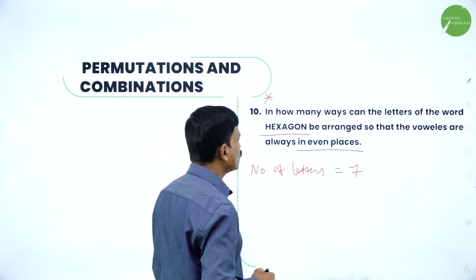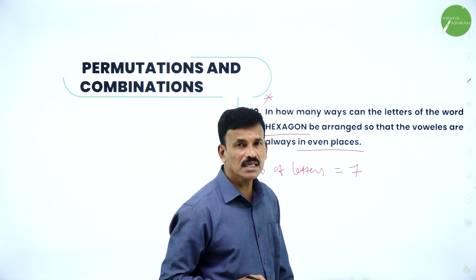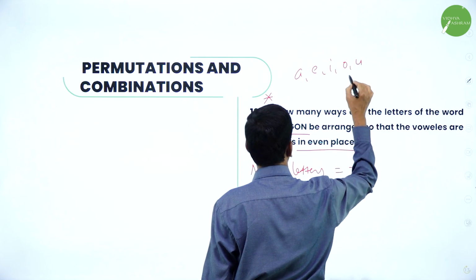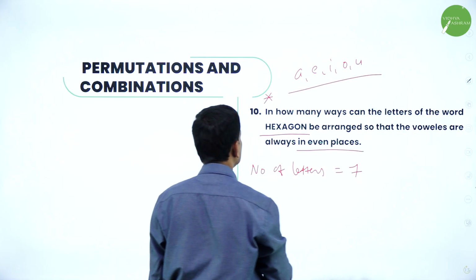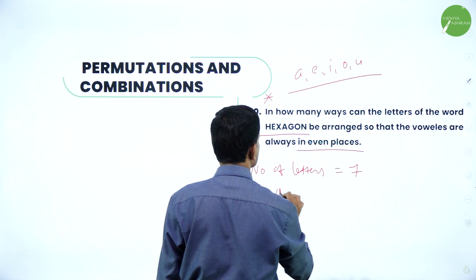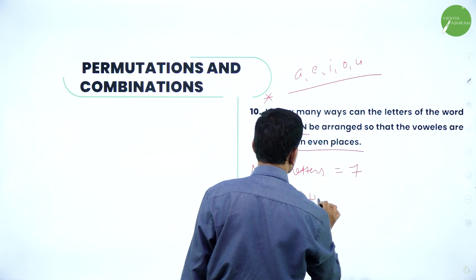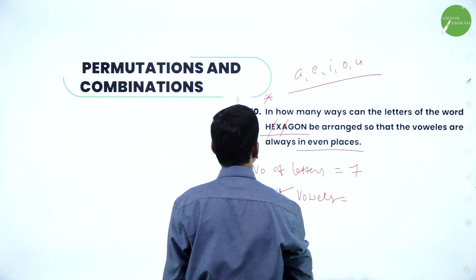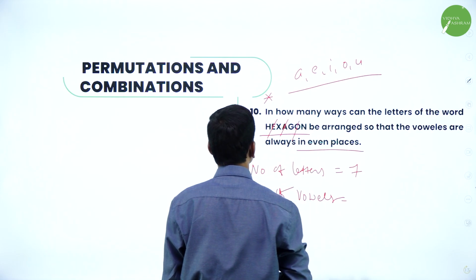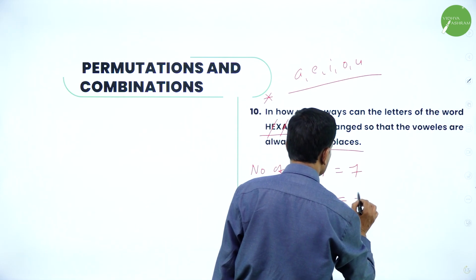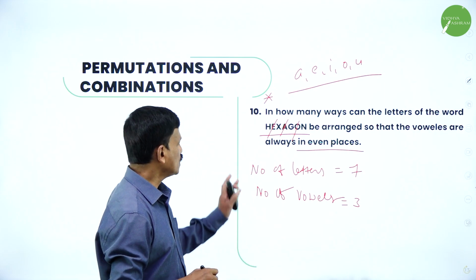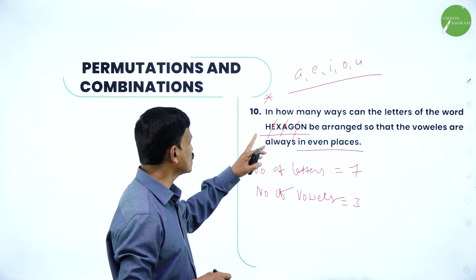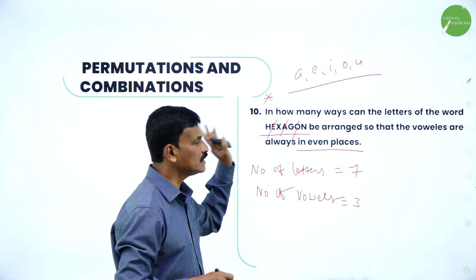The vowels are A, E, I, O, U. Here the number of vowels is 3. Out of 7 letters, 3 vowels are there, that is E, O and A.